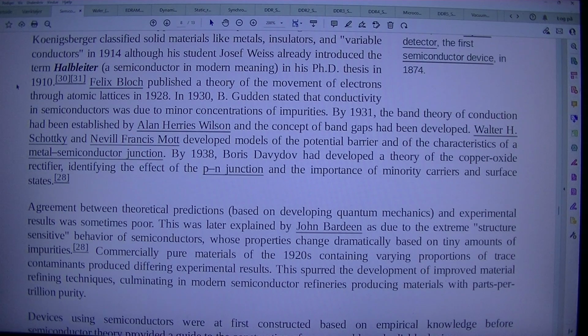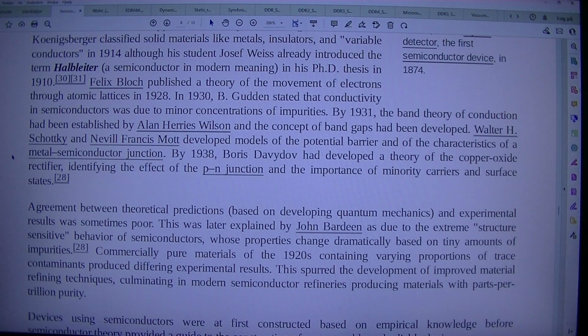Felix Bloch published a theory of the movement of electrons through atomic lattices in 1928. In 1930, B. Gudden stated that conductivity in semiconductors was due to minor concentrations of impurities. By 1931, the band theory of conduction had been established by Alan Herries Wilson and the concept of band gaps had been developed.